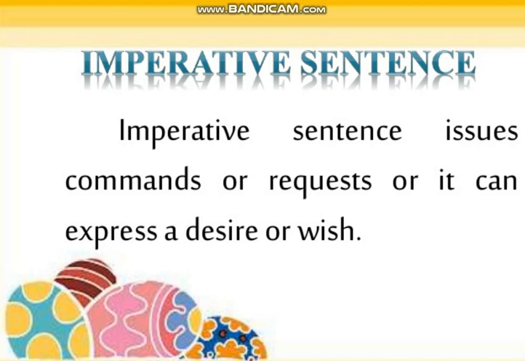Sentences which just show a desire or wish can also be called optative sentences. For example, if we say, wish you a good life, that would be optative. Or, may Allah bless you, that would be optative, but it can also be included in imperative sentences as well. It is not a separate kind of sentence.